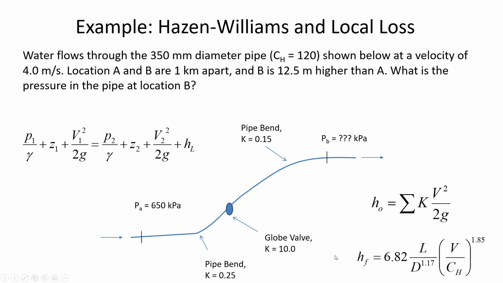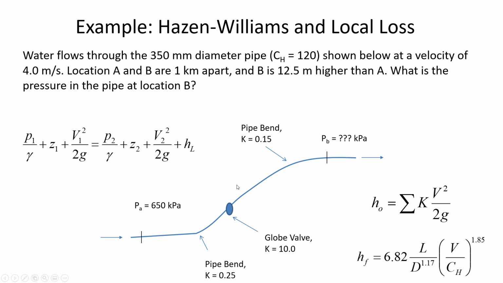We can use the Hazen-Williams equation to estimate the magnitude of that loss, the H sub F equation. And we know that whatever this pipe is made out of, it has a C value of 120. So we're going to calculate the pressure downstream at location B. And location B is higher up in elevation.